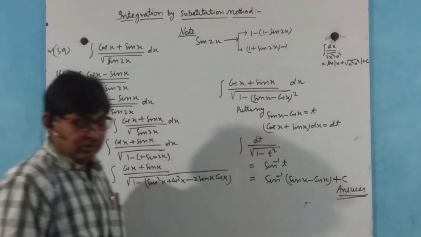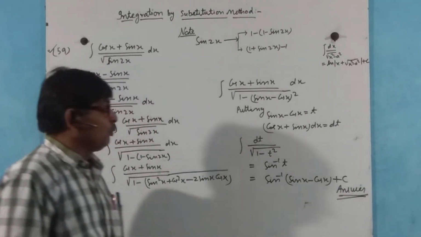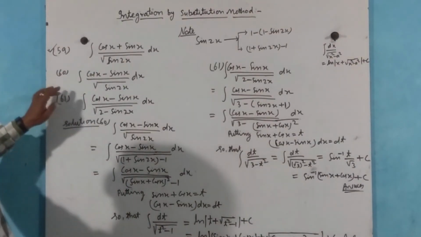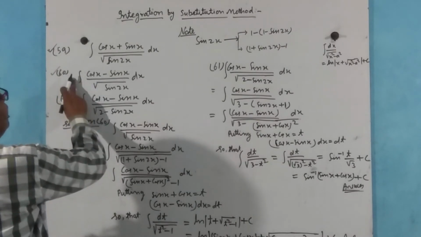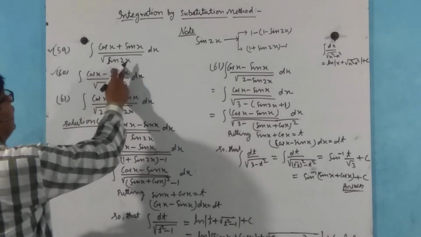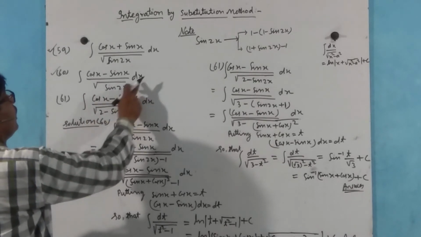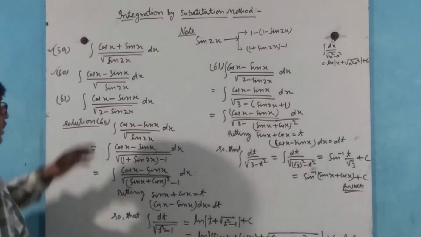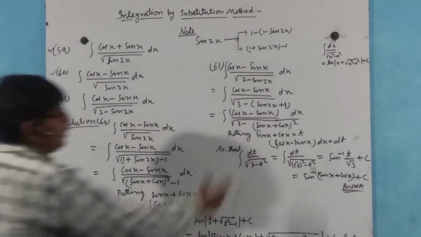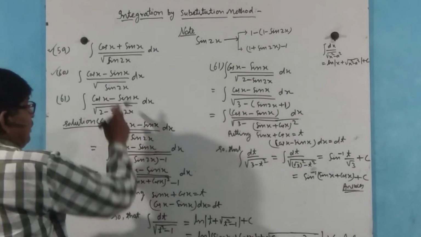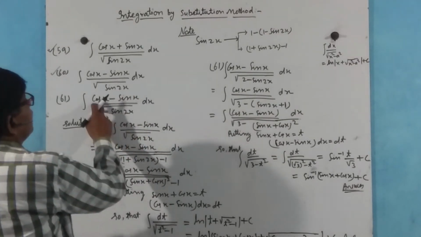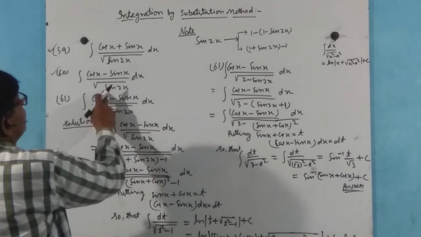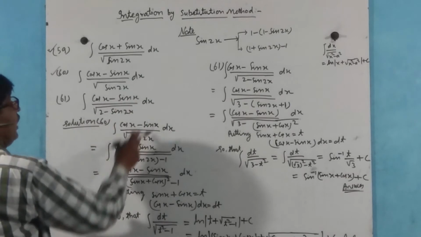Now we take the next problem, question number 60. Integration of (cos x minus sin x) divided by under root sin 2x dx. Here, in this case, it is negative, so we take the positive part in place of sin 2x.